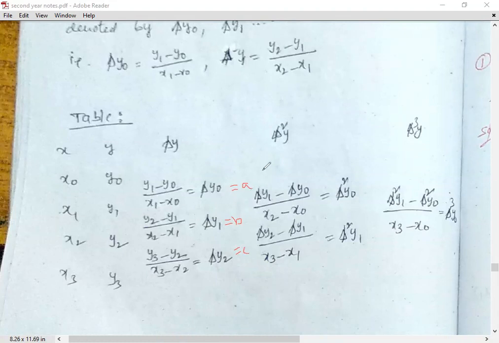That means B minus A, and we need to consider x values. The interval of x that starts from x0, we skip one x value and we go to x2. So we divide the difference B minus A by x2 minus x0.